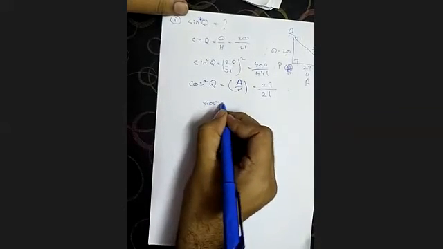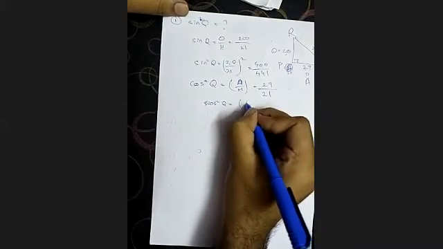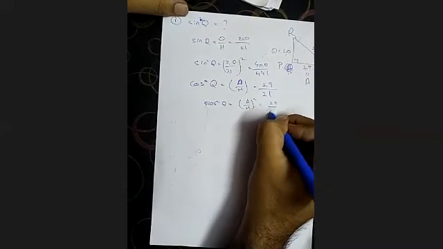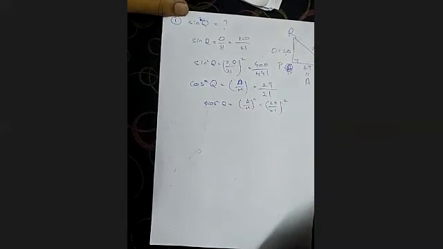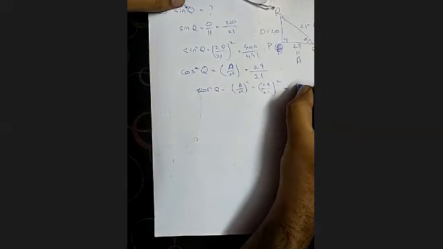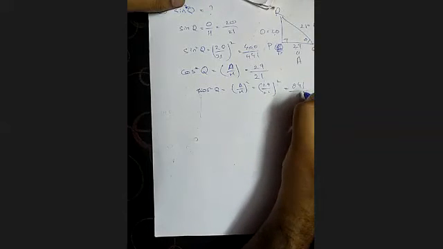So cos square Q will be equal to adjacent by hypotenuse whole square. That is 29 by 21 whole square. 29 square is 841. 21 square is 441.